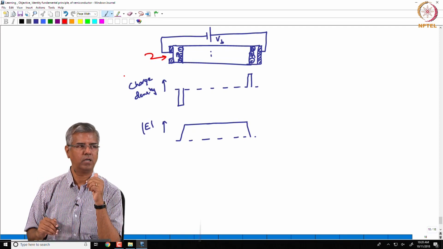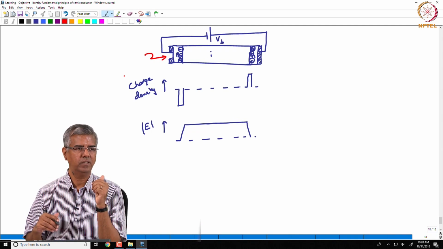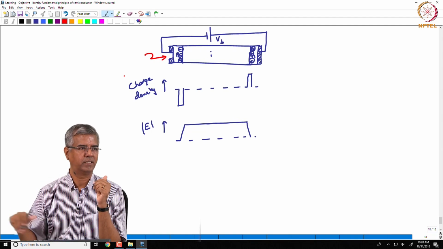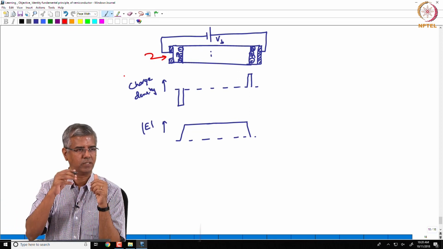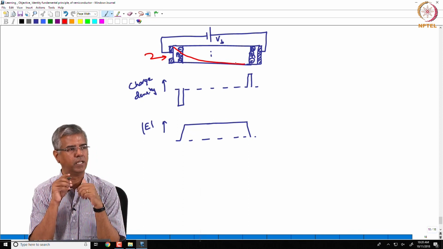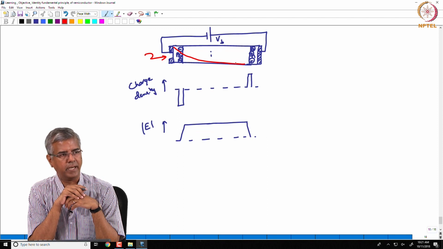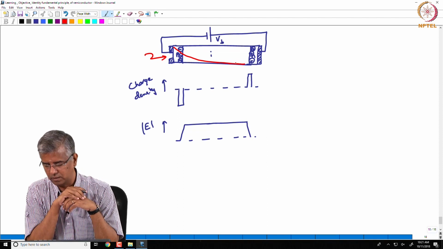And how is that absorption going to happen? What is the profile of that absorption, or the power as it goes through? That is going to go down exponentially. So you are going to have an exponential profile for the light that's propagating through that structure.